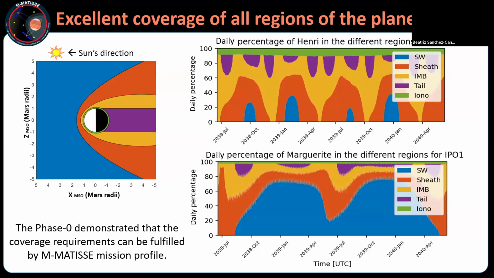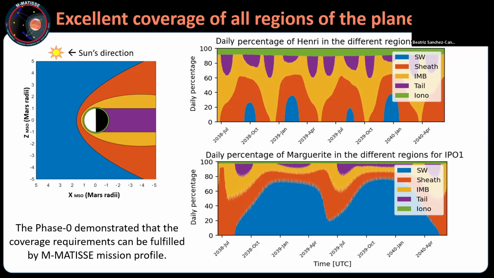On top is for Henri, and on the bottom is for Marguerite. Of course, Marguerite has more coverage in the solar wind than Henri, but that's because it's designed for that. We're quite happy with this set of orbits. Of course, they will change depending on the orbit insertion at Mars, which is why ESA is working on the optimization of them. But so far, we can accomplish all the goals that we have in the mission with this set of orbits.